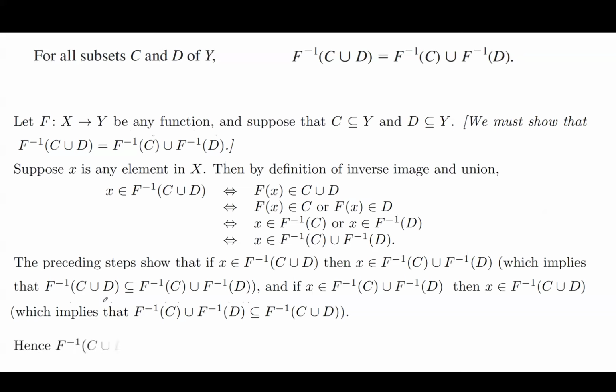It means that we have the equality between the left-hand side and right-hand side. Since you have two sets on the left and the right, you show that the first set is a subset of the second set, and the second set is also a subset of the first set. It means that these two sets are equal to each other.